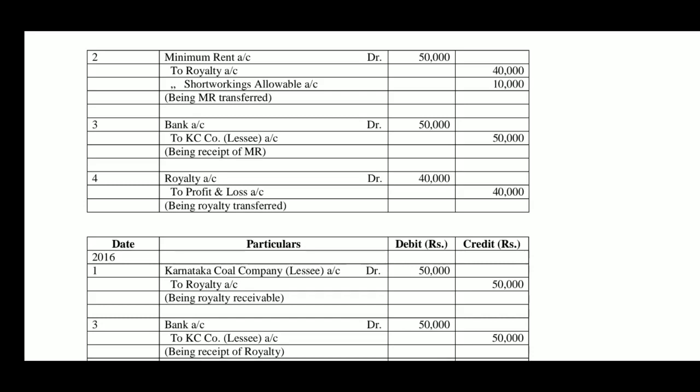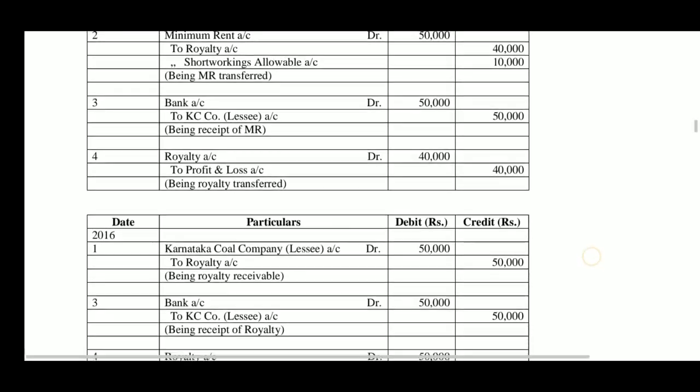Now, in the year 2016, third year, here royalty and minimum rent are one and the same, 50,000 rupees. Now, therefore, when royalty is equal to minimum rent or more than minimum rent, the minimum rent account will not appear at all. Therefore, here a direct entry is passed. That is Karnataka Coal Company account debtor, that is lessee's account debtor, to royalty account.